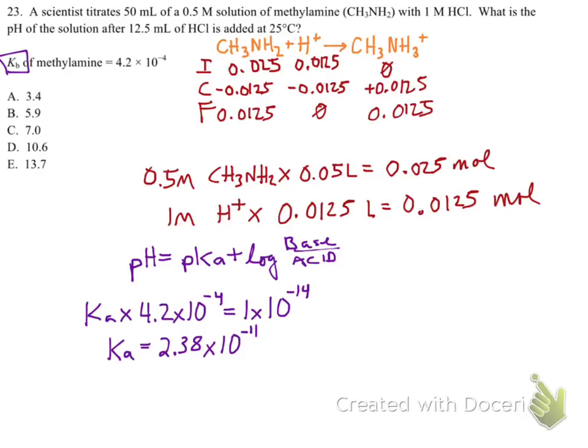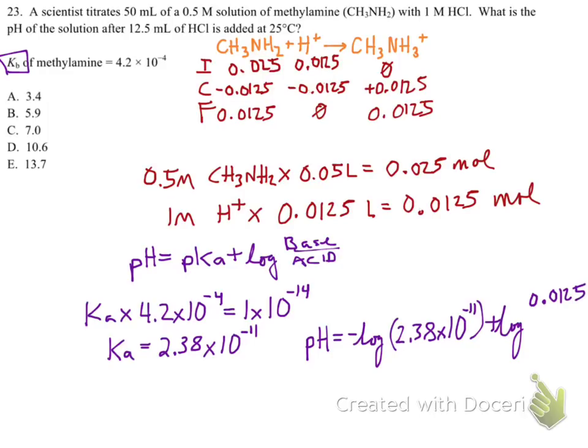Now that we have our Ka, let's figure out what our pH is, shall we? So, pH will be equal to the negative log of the Ka we just solved for, 2.38 times 10 to the negative 11th, plus the log of, and again, as long as we have the same units, I'm just going to plug in the number of moles.